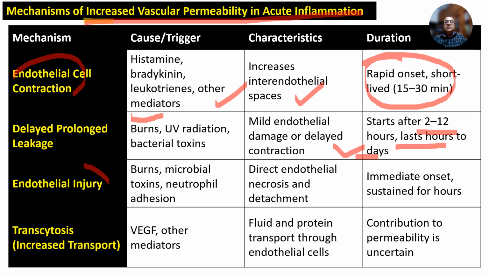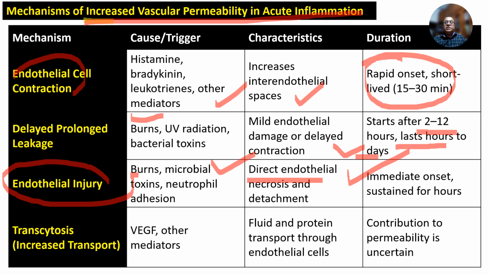Then severe endothelial injury occurs in burns, microbial toxin, and after neutrophil adhesion to the endothelium, activated neutrophils. There is direct endothelial necrosis and detachment of endothelium from the basement membrane. It is of immediate onset and it is sustained for hours.